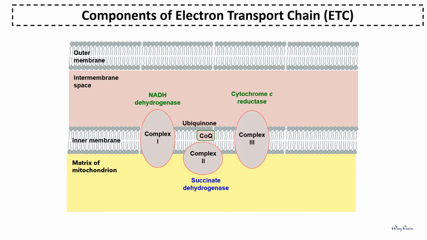The next is complex 3, which is cytochrome C reductase, followed by cytochrome C, which attaches at the hydrophilic head region of the inner membrane. And lastly is complex 4, which is cytochrome C oxidase. The name of each complex 1, 2, 3, 4 implies their function in the ETC.